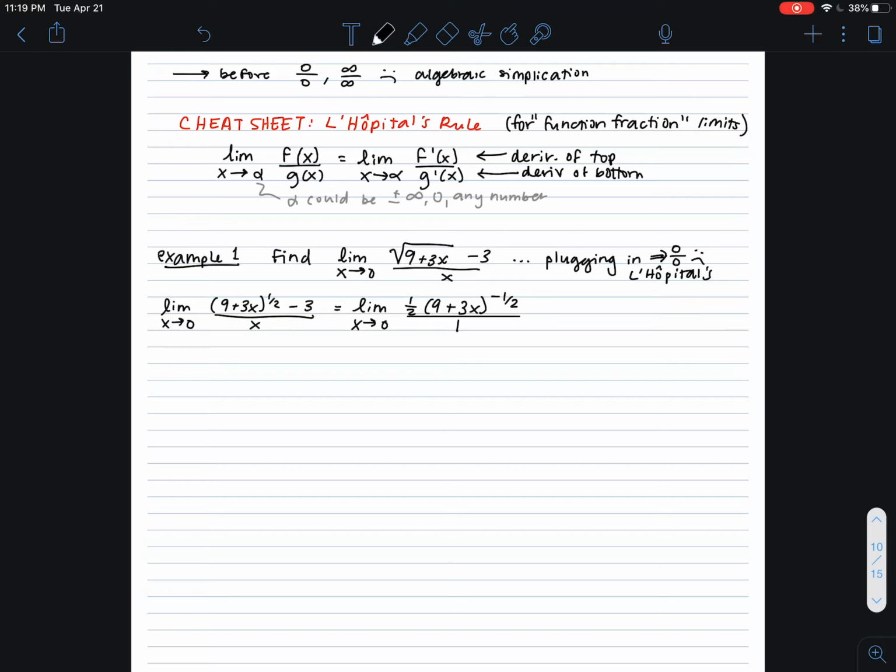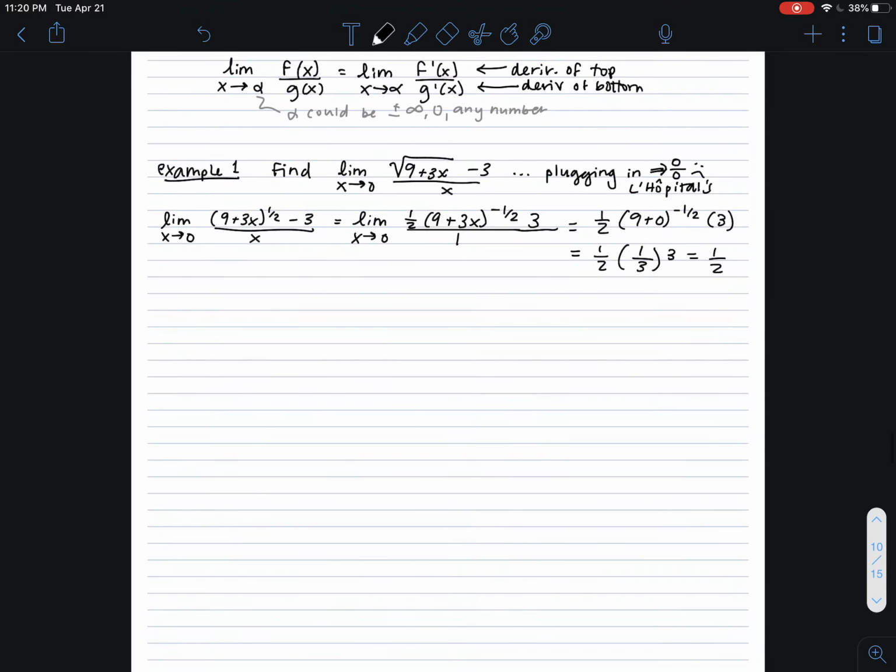Okay, so back here, after I'm done taking the derivative of the outside, I need to take the derivative of the inside, and the derivative of 3x is 3. So then I get 1/2 times 9 plus 0 to the negative 1/2 times 3, which is equal to 1/2 times 1 over 3 times 3, which is just 1/2.